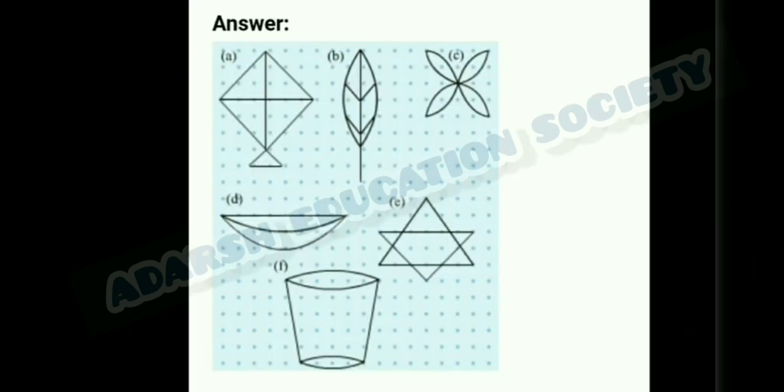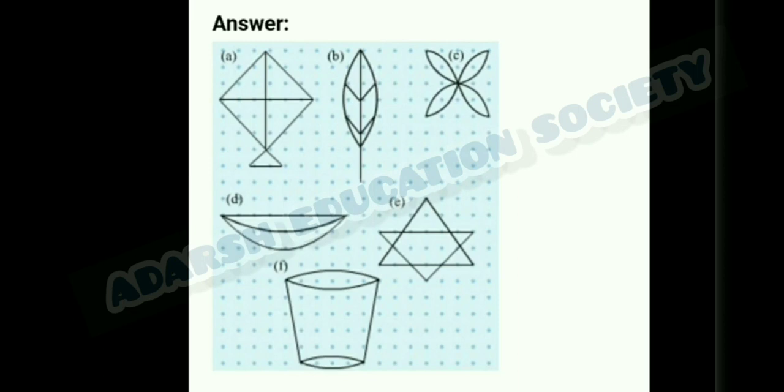Children, why are we playing with the shapes on the grid? So that you can understand the shapes and symmetry. Now what is symmetry? When we divide a picture from the center, they are equal on both the sides.